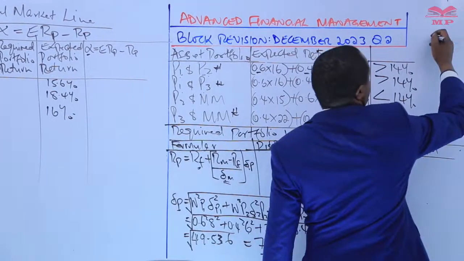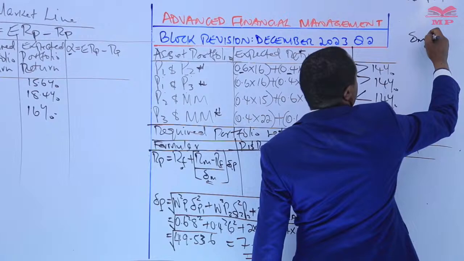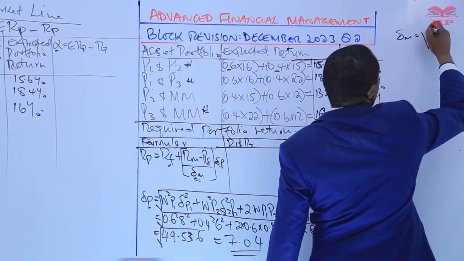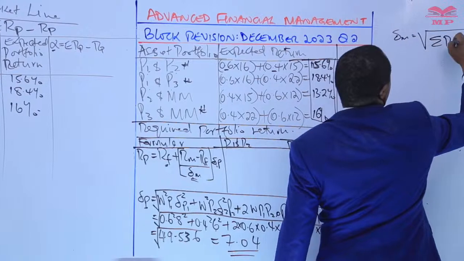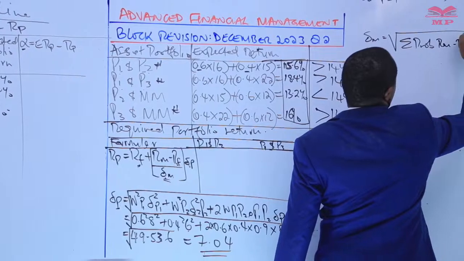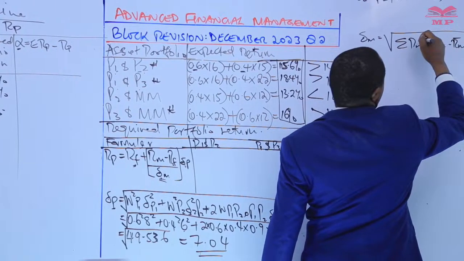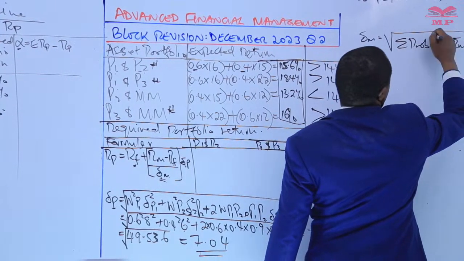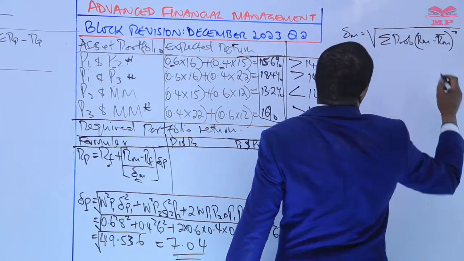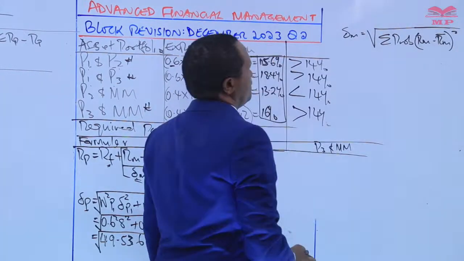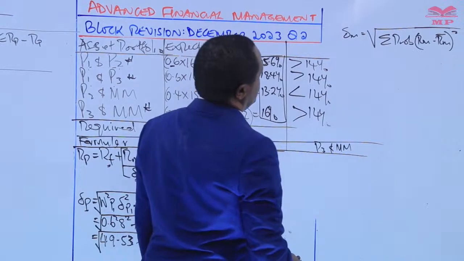The standard deviation of the market will be equal to the square root of the summation of the probability times RM minus expected RM, squared. Candidates, this is the formula for the standard deviation for the market.